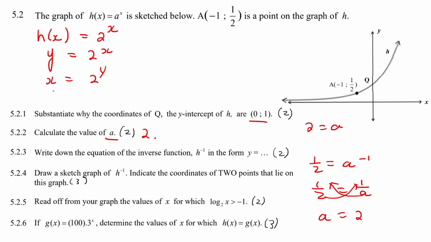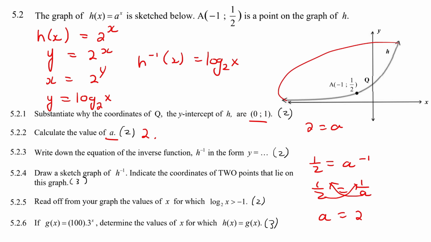So you're going to say y equals log base 2 of x. You're just going to put x over there. And that would be the final answer. But they said in the form h minus 1, so you could then say h minus 1 of x equals log 2 x. Remember, an exponential, when you take its inverse, it becomes a log.